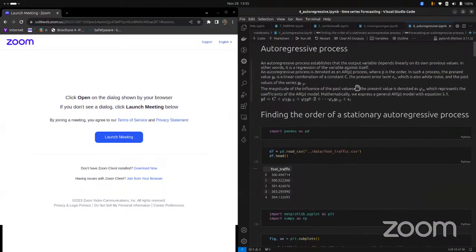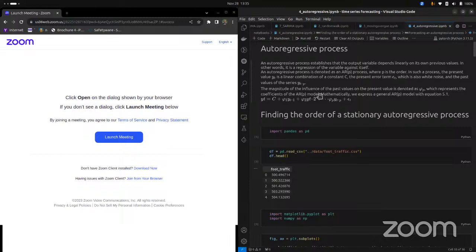To get the current value, the present value is a combination of a constant, past y values, and the present error term.